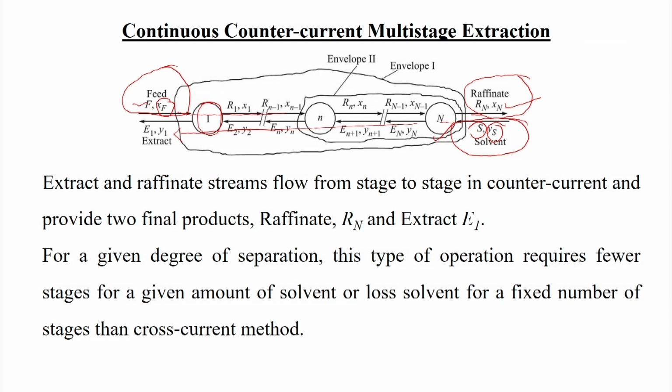For a given degree of separation, this type of operation requires fewer stages for a given amount of solvent, or less solvent for a fixed number of stages, than the cross current method we discussed previously. So, compared to the cross current extraction process, the countercurrent extraction process is more economical.